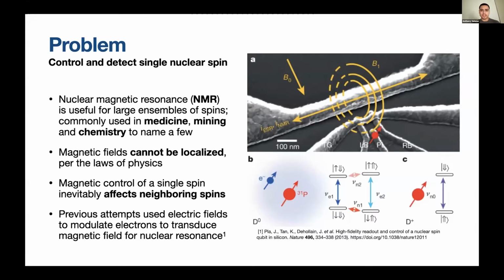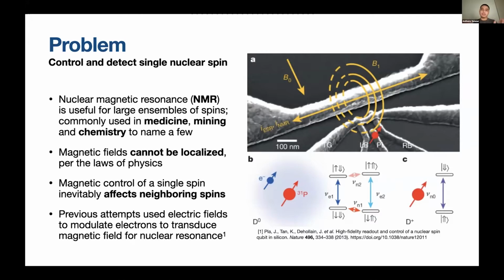So previous attempts at using electric fields, because this is an emerging field, especially for physics applications, and we'll get into that in a little bit. But they would use essentially electric fields to modulate electrons to transduce magnetic fields for nuclear resonance.